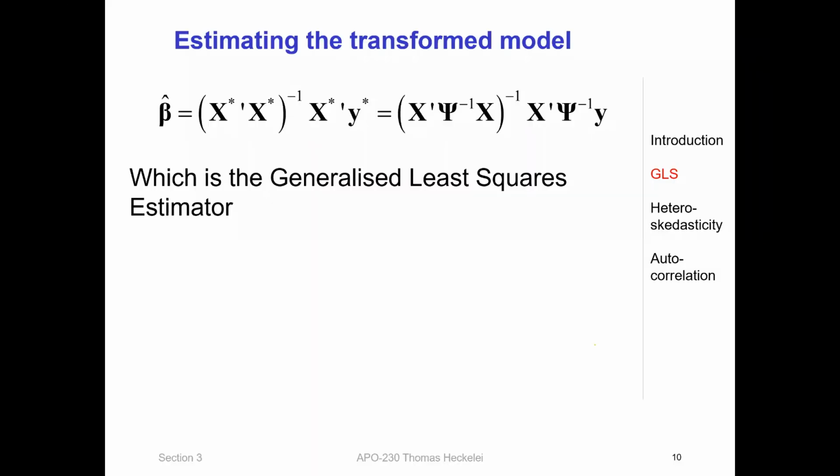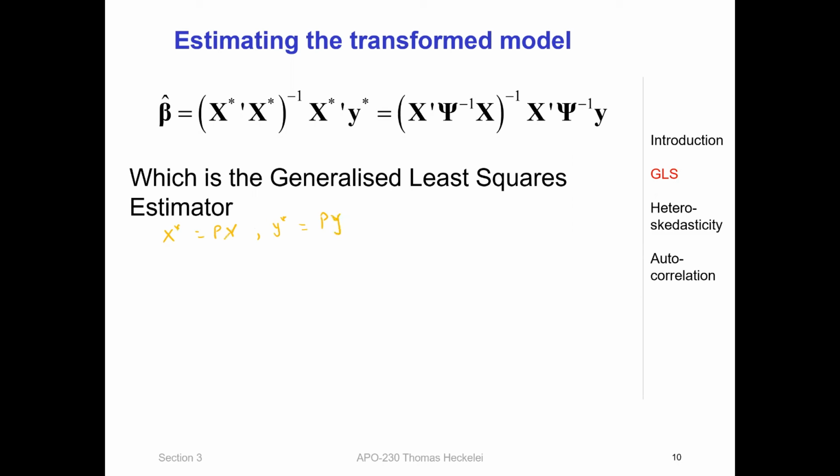Okay, now that we know that OLS works for this transformed model, we could go ahead and derive the estimator for the beta using this transformed model. Let's rewrite it again. X star as px and y star as py.